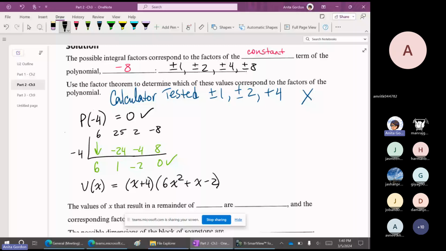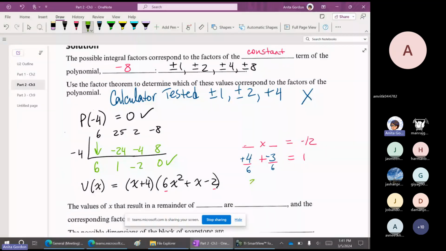This is a quadratic. So two numbers that multiply to negative 12 and add to 1. What are they? Negative 4 and 3? No. Positive 4, negative 3. I have a leading coefficient, so I have to divide them by 6 and reduce.